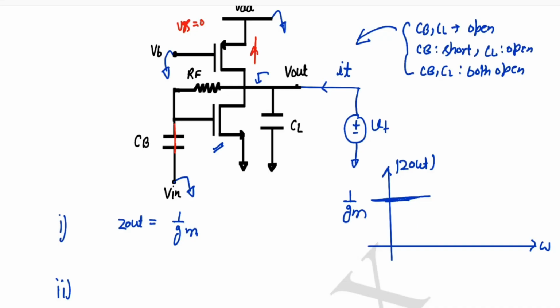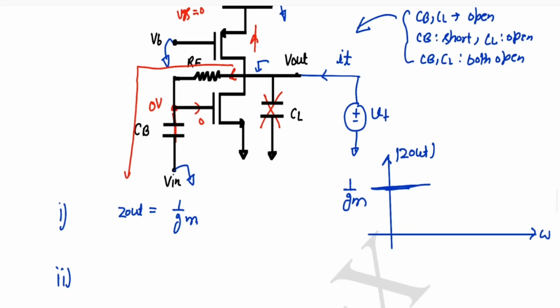Now this is shorted and this is open circuit. In this case, what will be the output impedance? The gate voltage is 0 volt, shorted to the ground, so this current will be 0 and this current will be directed to the ground.